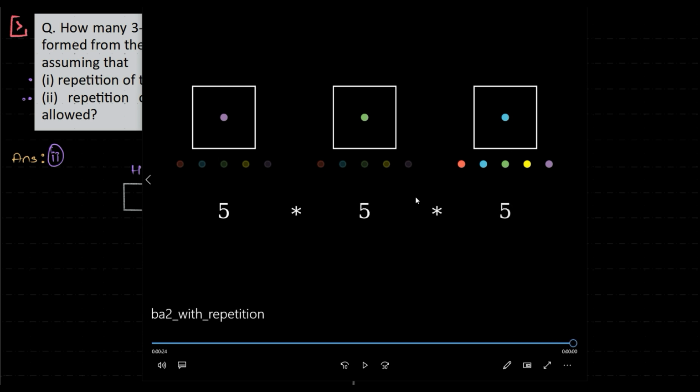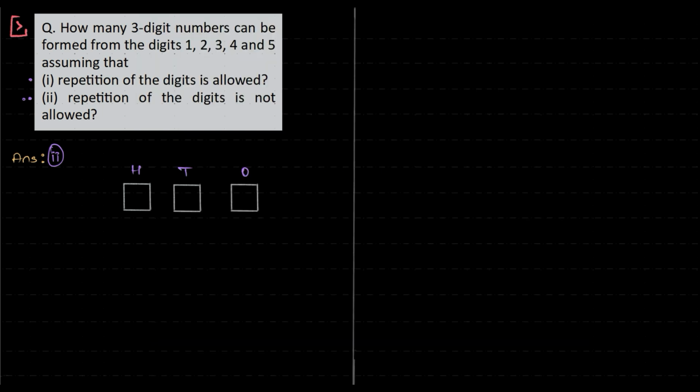So 5 into 5 into 5 is our answer. Okay guys, let me re-explain all of this with the numbers. So I have 1, 2, 3, 4, 5. Remember, I'm answering the question without repetition. So I can fill with 5 different numbers over here. Say I chose 2. So what happens? The 2 will disappear.